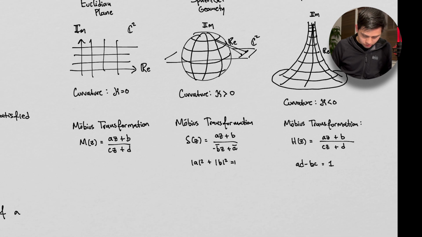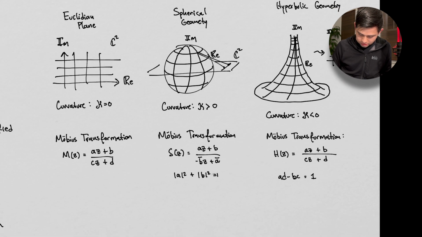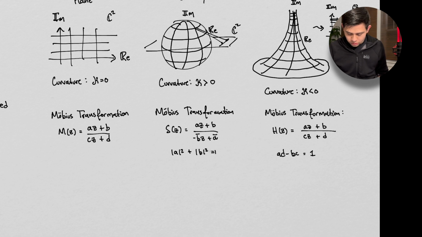And so, in summary, the curvature for the plane is 0. Curvature for the sphere is greater than 0. Curvature for the hyperbolic plane is less than 0. And then we have our listed Mobius transformations as well.